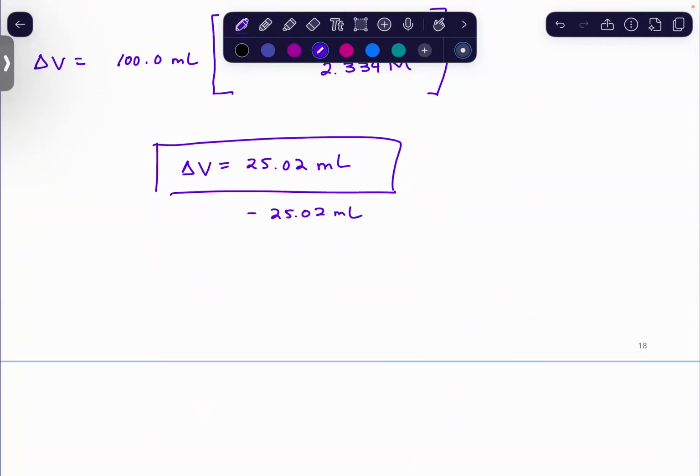I would accept that as an answer because positive and negative in this case, you're going to have to start thinking about them in terms of volume increasing and volume decreasing. Well, that's fine. This is an evaporation. So if you didn't do that step where you switched the delta V around to turn this into a positive number and you ended up with the negative, that's fine, because the negative is representing what is physically happening.